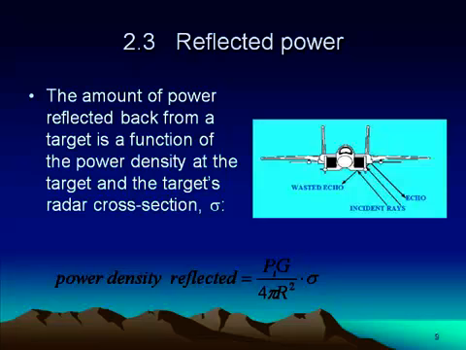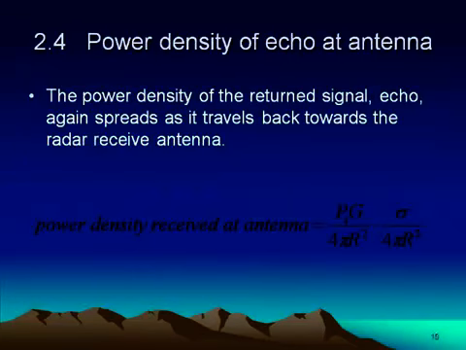So, the power scattered by the target is going to travel towards the transmitter again, and at the location of this radar system, the power density will be Pt into G by 4 pi r square multiplied by sigma divided by 4 pi r square, and the units will be watts per meter square.